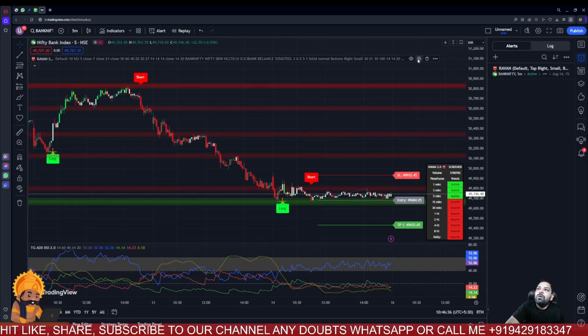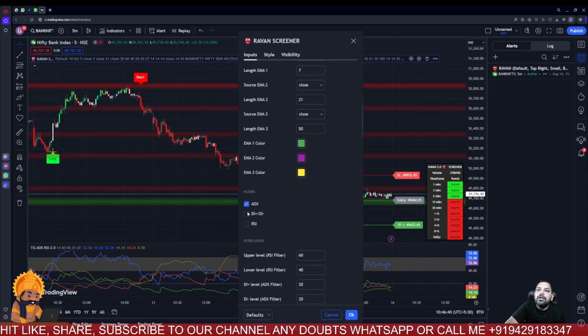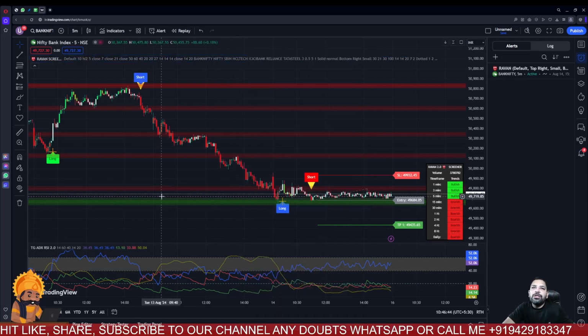Okay, so now let's check all three options and understand how exactly it works. Whenever you check all three options, you will see an example here. Let's take this short signal in blue, which indicates we have DI minus confirmation, DI plus confirmation as well, and ADX is below 20, right?